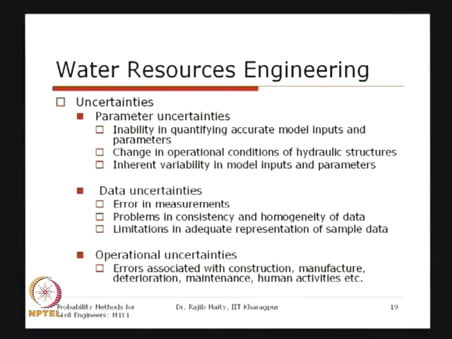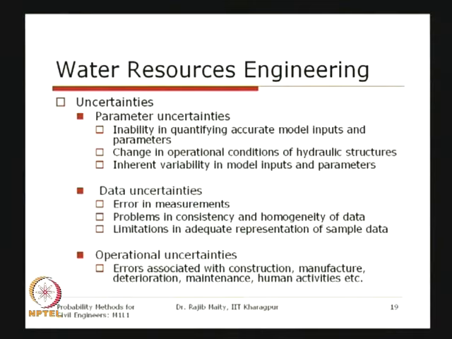Apart from the parameter uncertainties, there are data uncertainties also. In these data uncertainties, the error in measurement is one of the most important and one of the most frequent events that can happen. Sometimes the error in measurement can be for different reasons.